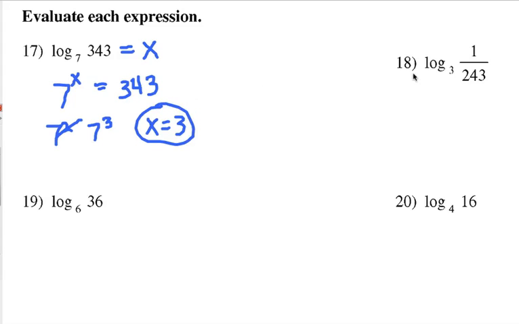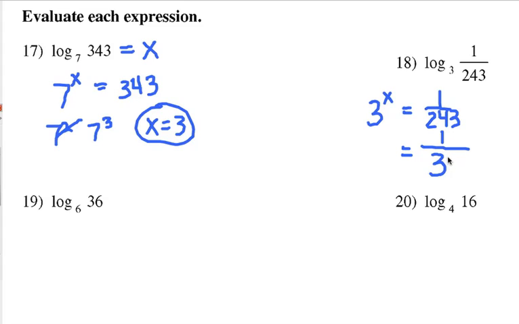Now look at 18. It says log base 3 of 1 over 243. Okay, well, 3 to the what power is 1 over 243. Now the key to this one is to try to express this answer over here with a 3 base. Okay, now it so happens that it's going to be 1 over 3 to the what power?